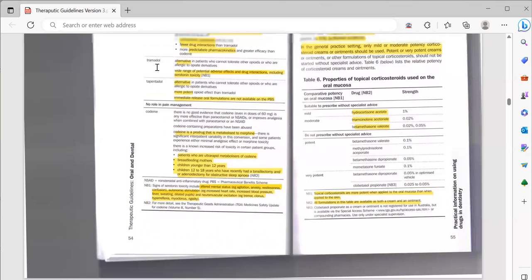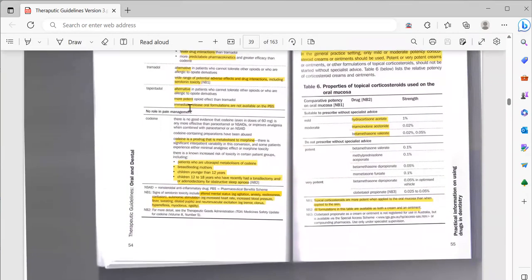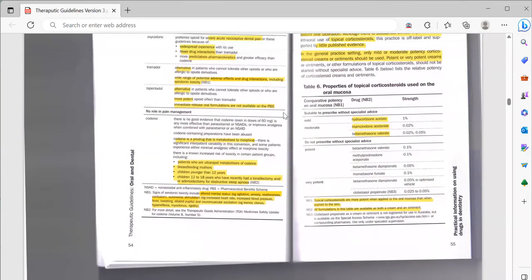Tapentadol is also an alternative if the patient cannot take oxycodone, but it is a more potent opiate than tramadol, and it also has several drug interactions and adverse effects, and its immediate release oral formulation is not available on the PBS. So PBS is, as we read in the first chapter on prescription, PBS medication and non-PBS medication.